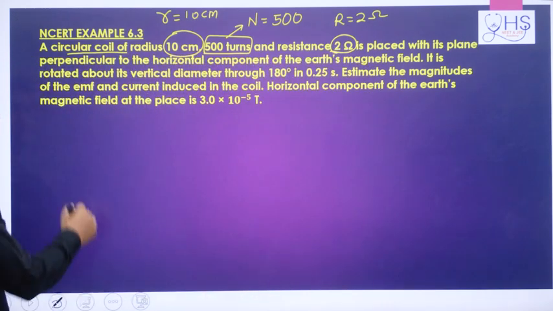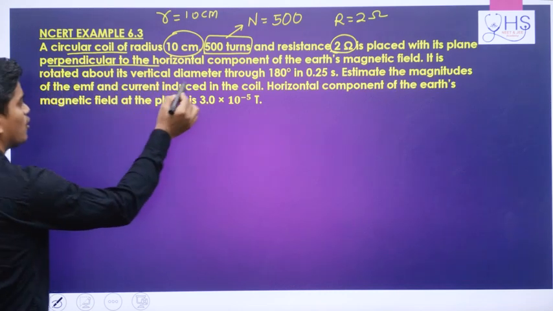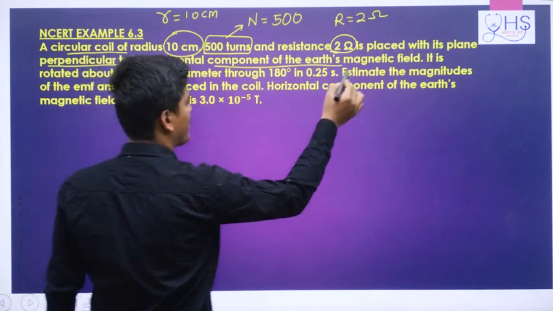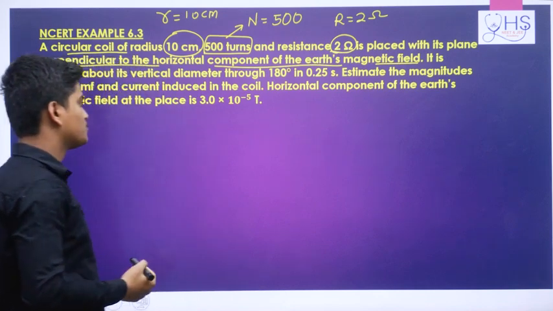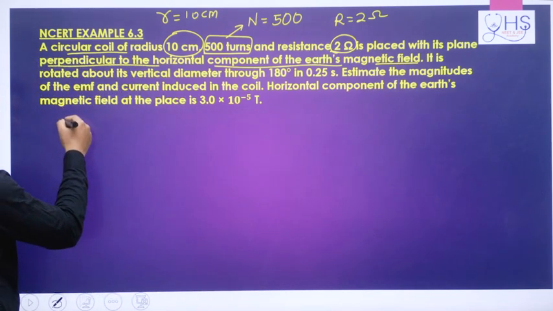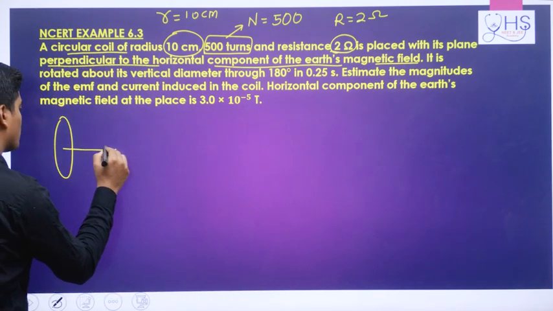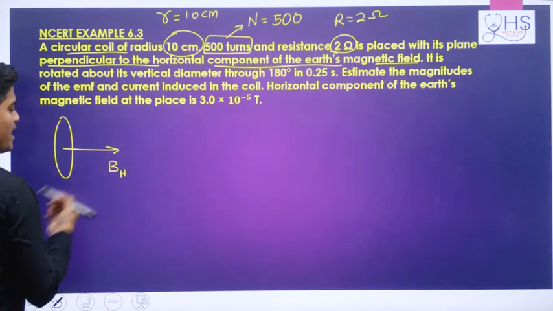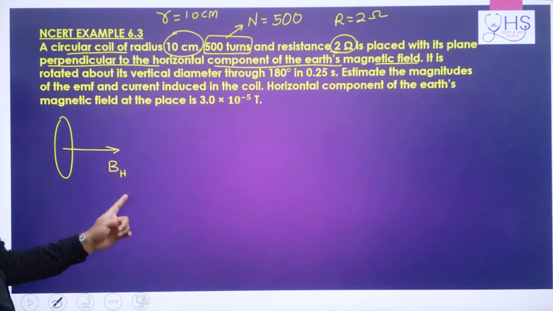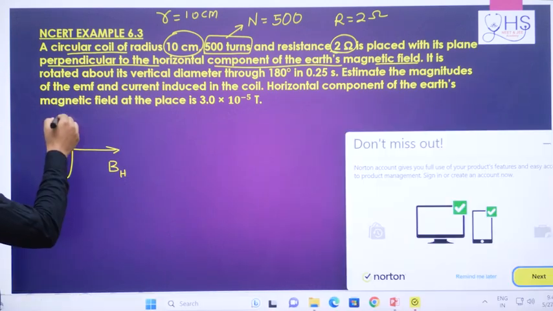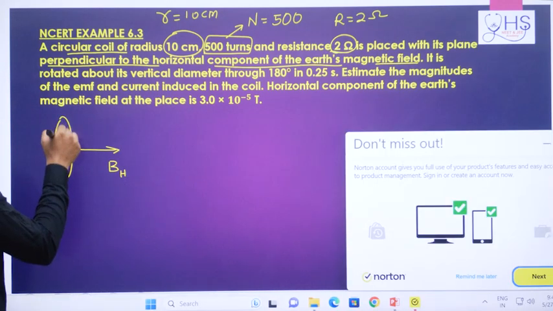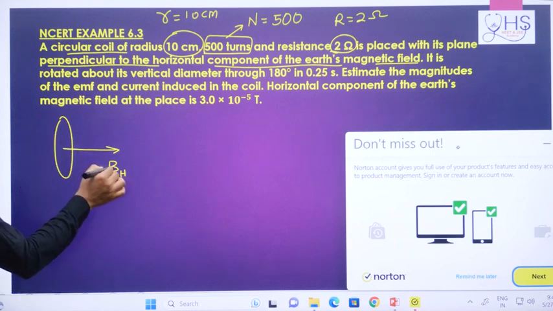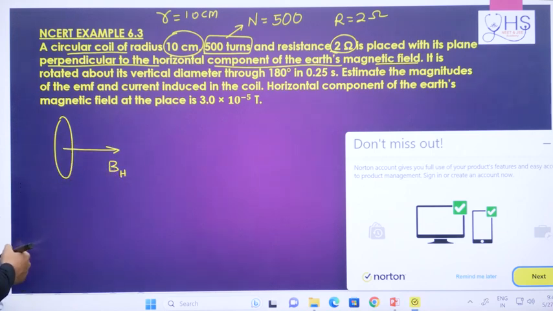It is placed with its plane perpendicular to the horizontal component of the magnetic field. So what they are telling is that the plane is perpendicular to the magnetic field. Let me take the horizontal component as BH. So this is the plane, a circular loop of radius R, perpendicular to the magnetic field BH.